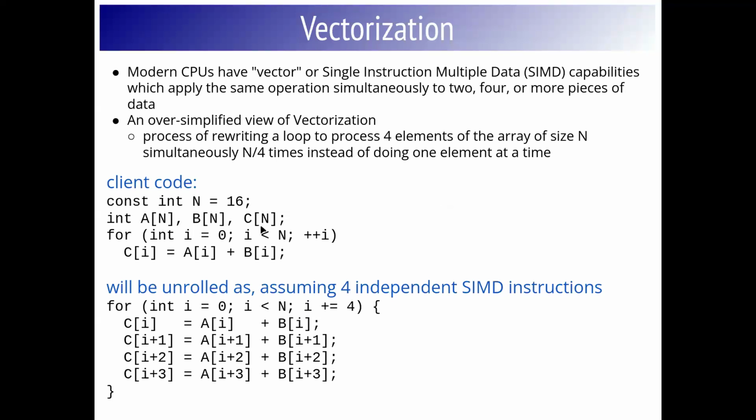So you immediately gain a factor of 4 here, because your loop is unrolled. You have a loop where each time you access only one element, but here each time you are accessing 4 elements. This is the simple concept of vectorization.